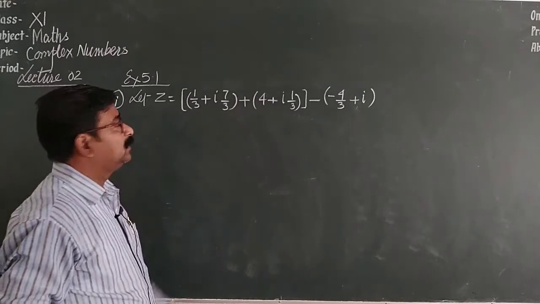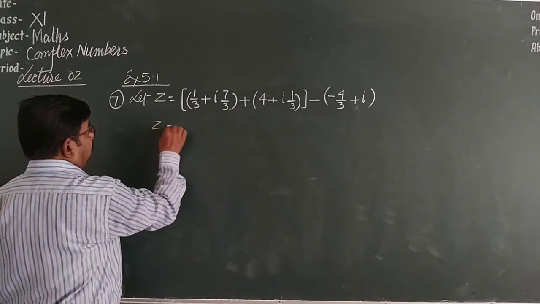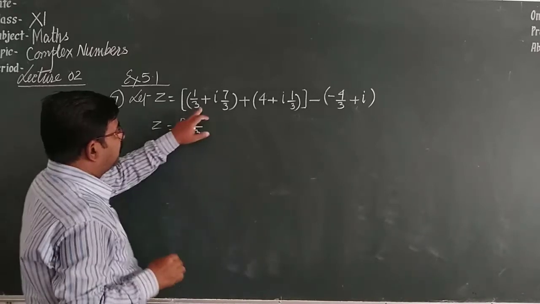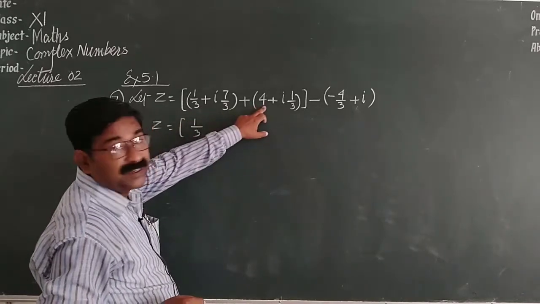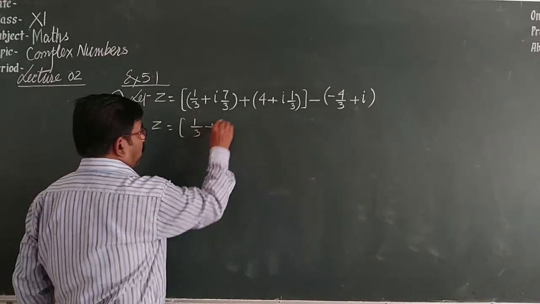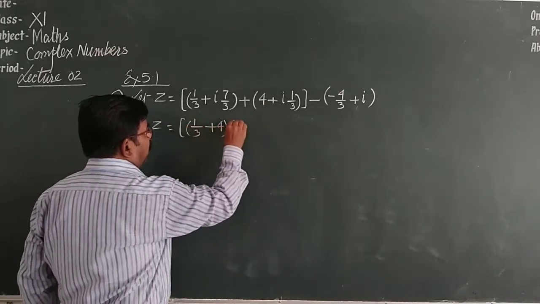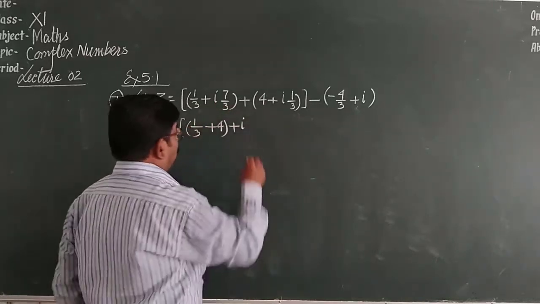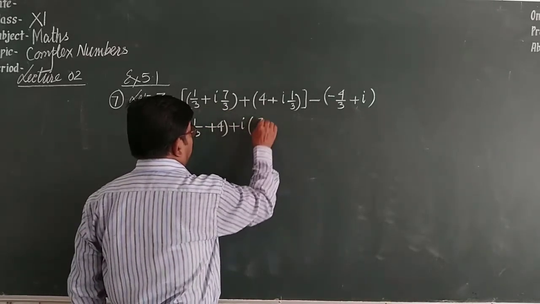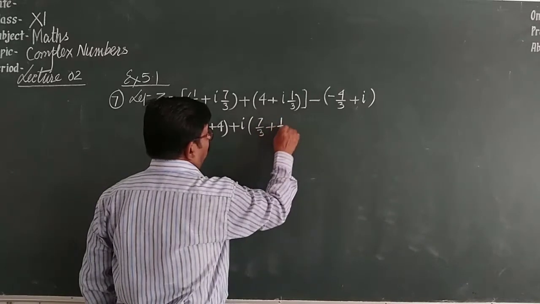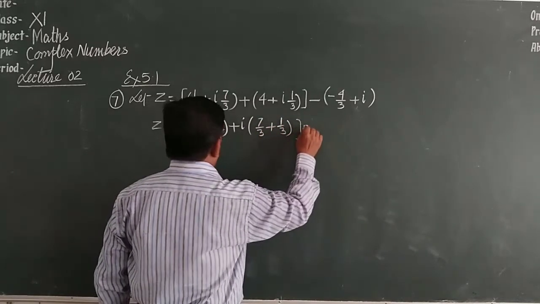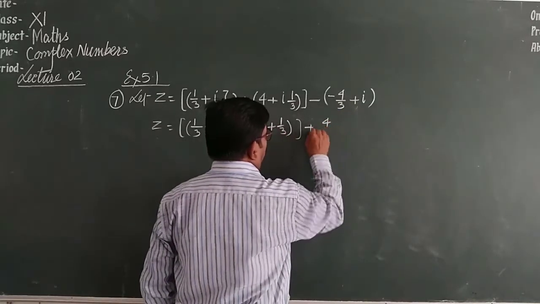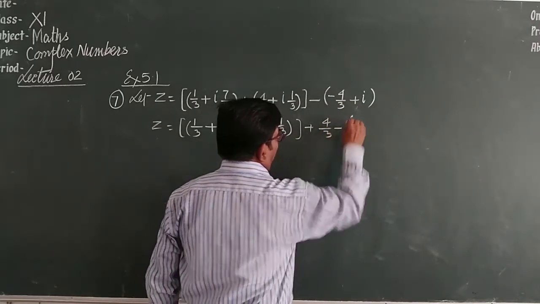Open the bracket. First, let z is equal to 1 upon 3 is the real part and 4 is the real part. So plus 4 together, plus i is common, 7 upon 3 plus 1 upon 3, minus 4 upon 3 minus i.